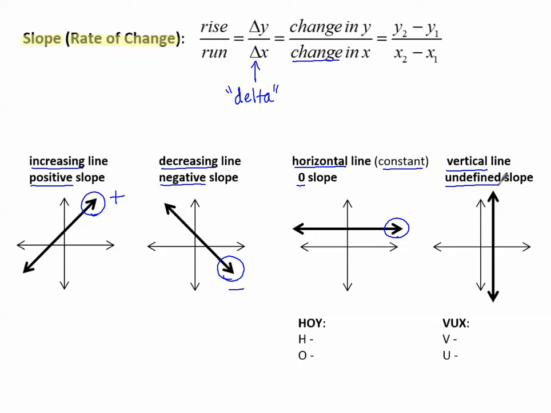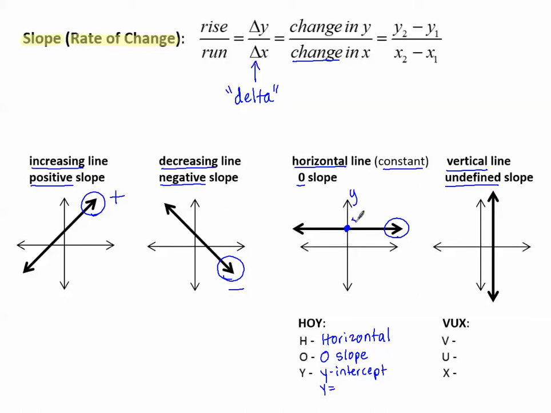Often people use the memory trick HOY VUX, where the H stands for horizontal because it is a horizontal line. The O stands for the 0 slope, and the Y is for that it crosses through the y-axis. It has a y-intercept, and the equation would be y equals. So we think of y-intercept and only a y-intercept and a y equals equation.